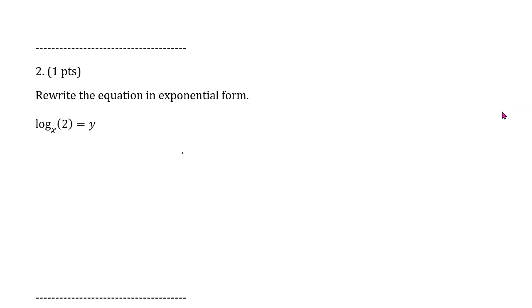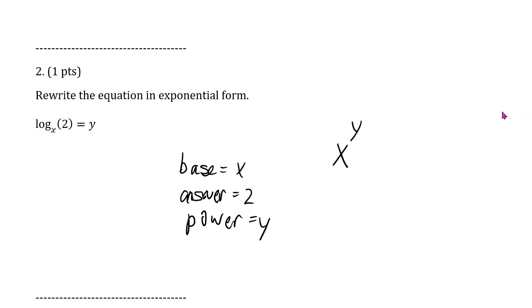The base is x. The answer part is 2, and the power is y. That means that I can write x to the power of y equals 2.